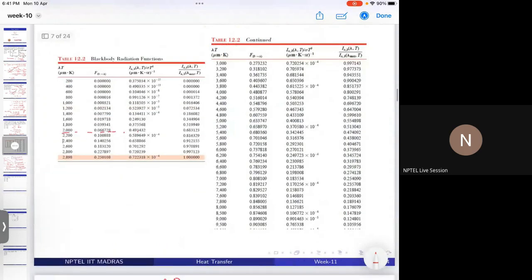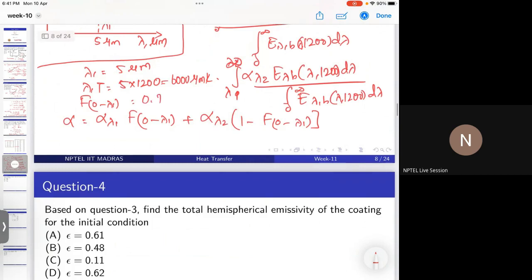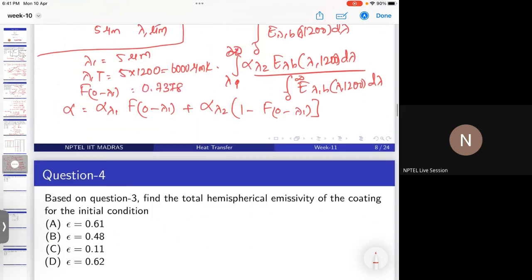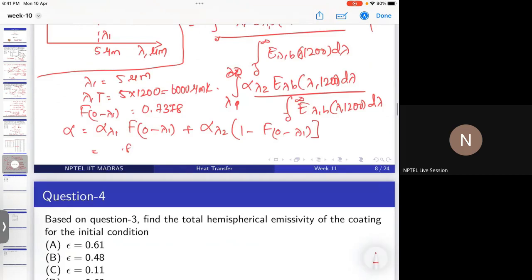Yeah, it's given directly. It is 0.7378. So you can directly put alpha lambda 1, which is 0.8, into 0.7378, plus 0.1 into 1 minus 0.7378.